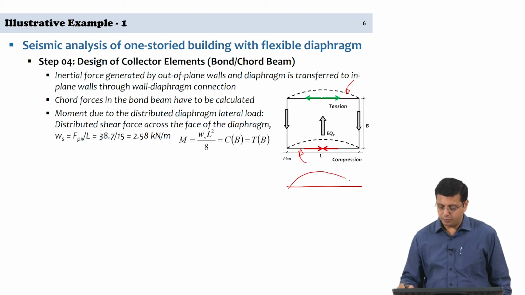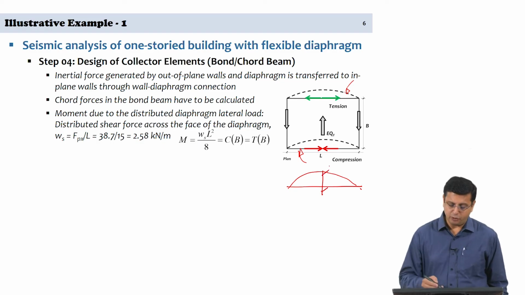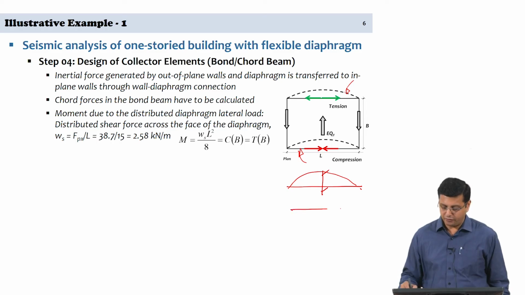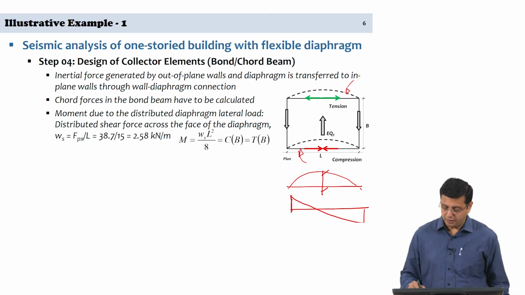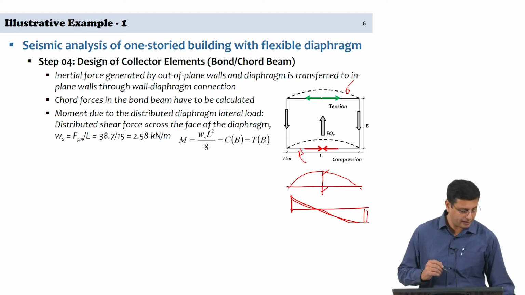For the uniformly distributed load, with a parabolic distribution, the maximum moment at the center is Ws into L squared by 8. Similarly, the shear force is Ws into L by 2.